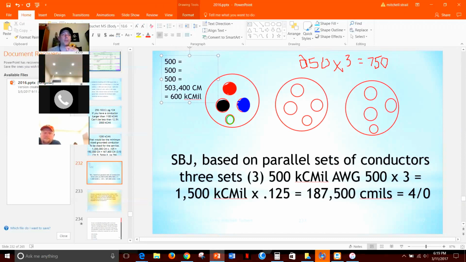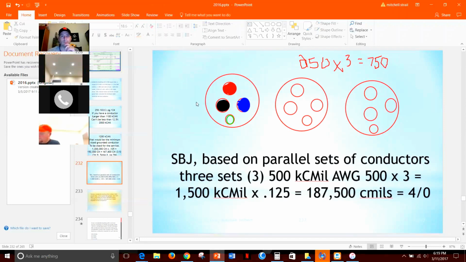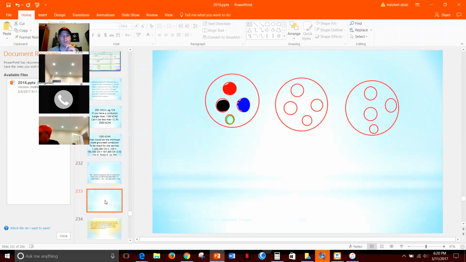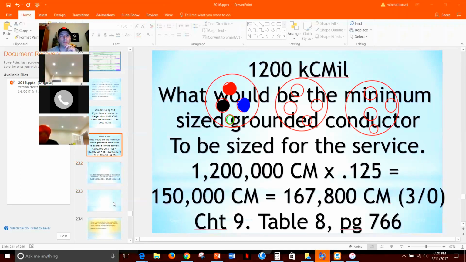Okay, we got one more table to look at, and that's the one on page 131. It's 250.122.